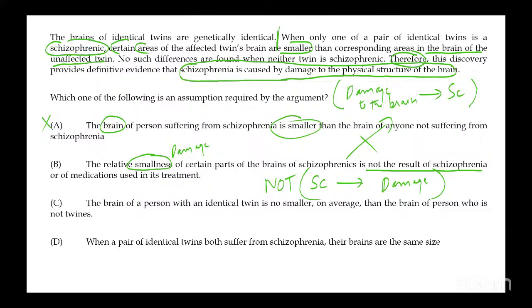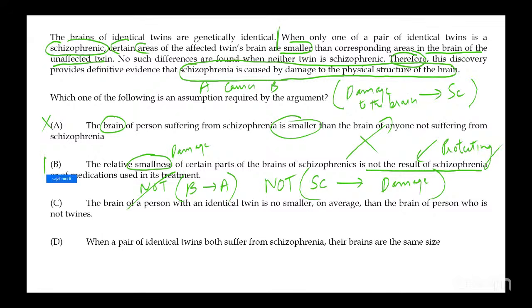The author says A causes B. This option says it is not the case that B causes A. And therefore it protects, because if I deny this and if I say B causes A, it will weaken the argument. So it is protecting the assumption from such an attack. B is very good.